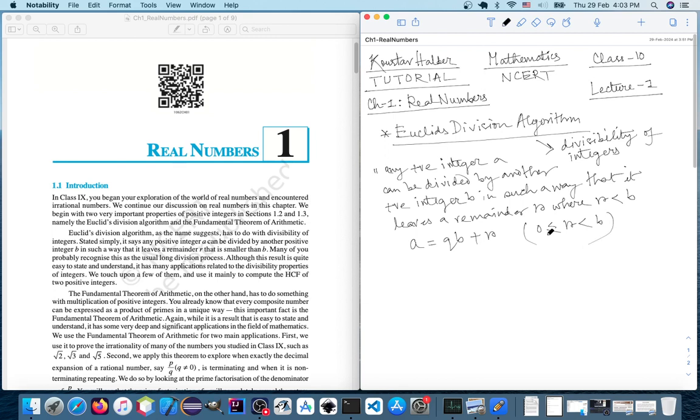It is definitely less than b, but it can also be 0.